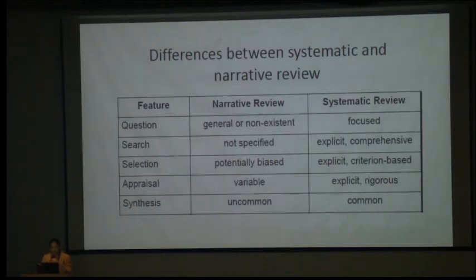So what differentiates a systematic review from a traditional review? The way it's been done traditionally is a narrative review, and it differs in the sense that, as I said before, a systematic review contains systematic strategies to search, select, and synthesize the evidence. With regard to the clinical question, you would agree that a narrative review is more general.